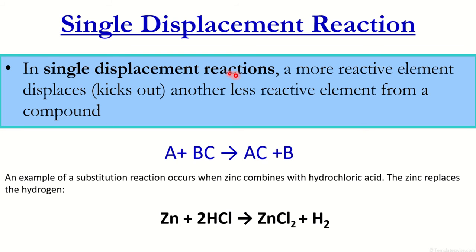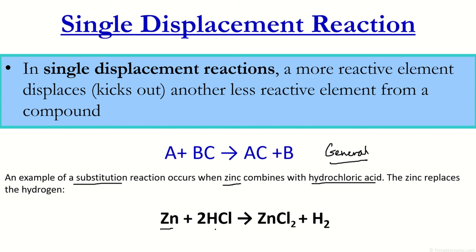A single displacement reaction occurs when a more reactive element displaces, or swaps places, if you like, with a less reactive element in a compound. This is the general formula to describe a single displacement reaction. An example of a single displacement or substitution reaction is when we have a piece of metal reacting with acid.